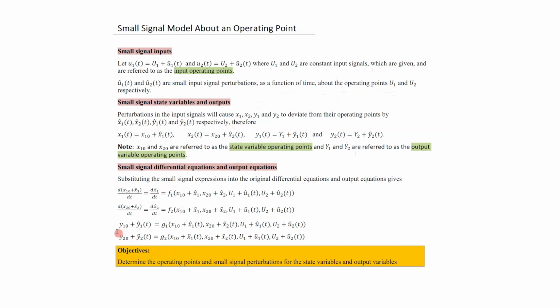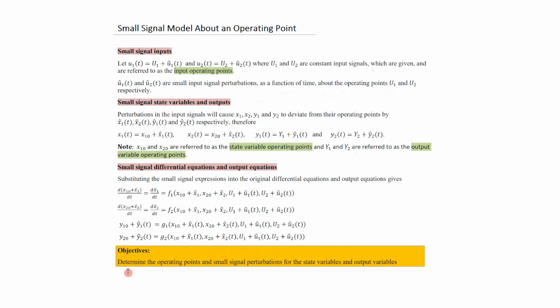Similarly, for the output variable, we would have the DC steady state value plus a perturbed value of y1, which is g1 of some function. Again, these are the perturbed values of x1, x2, u1, and u2. Similarly, for the second output variable, y2, this is a perturbed value of x1, x2, u1, and u2.